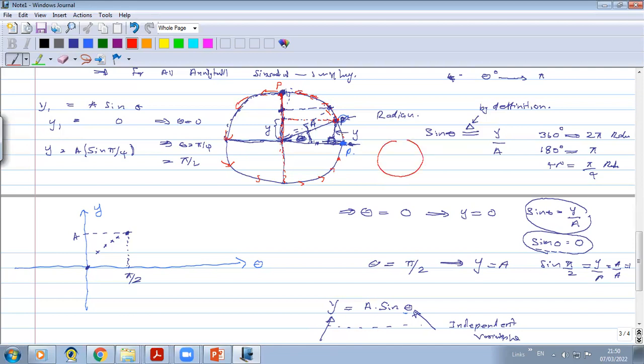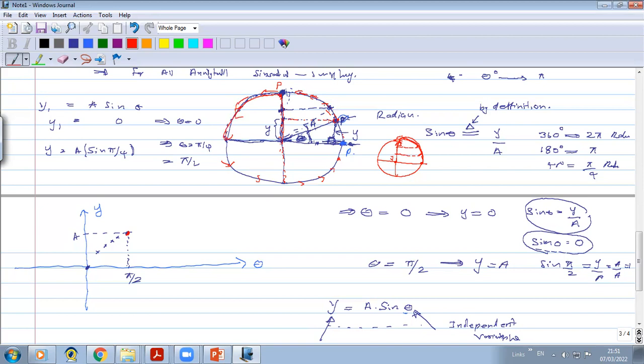I will draw another circle here to have a better understanding. Now we started the point here. At that time, y is 0. Now the point is traveling up to here. At this time there is one distance for y, and there is one distance for time. When this point is traveling up to here, you can see that y is increasing up to a. Now what happened? This P is coming to this side again.